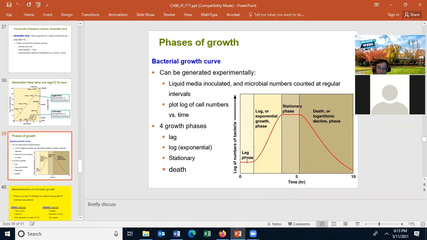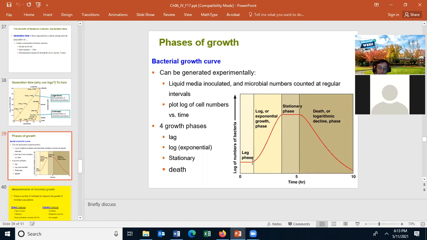Once the organisms make the enzymes they need to grow in this media, they then start growing. So we leave the lag phase where the organism isn't growing and then enter the log phase or the exponential growth phase where the bacteria are growing rapidly.